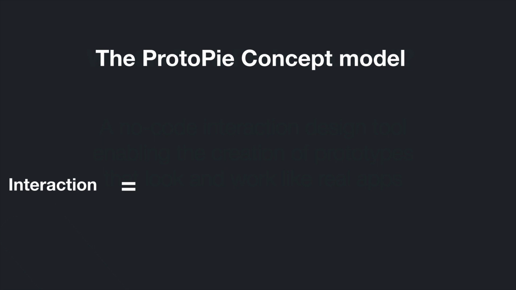Every single thing inside of ProtoPie is interaction based. So you start with an interaction and you're going to be applying that interaction to some kind of object. This could be a button or any other kind of graphic that you might have in your design. So you're going to import that in, or you might be creating it directly inside of ProtoPie.